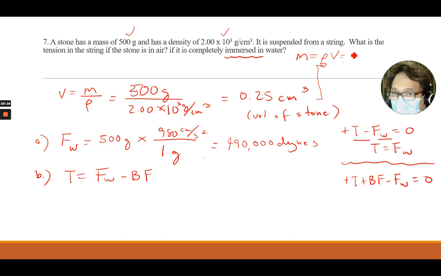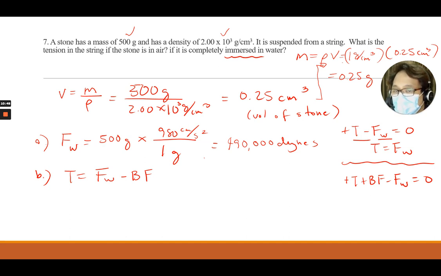So density of water is 1 gram per cm cube, and the volume of water displaced is 0.25 cm cube. This will give us 0.25 grams. Okay, that's 0.25 grams.